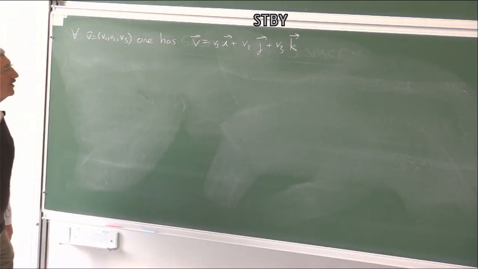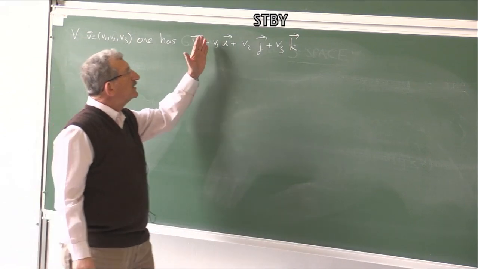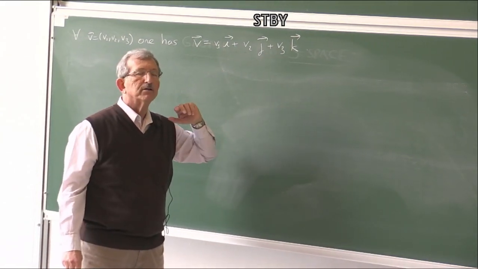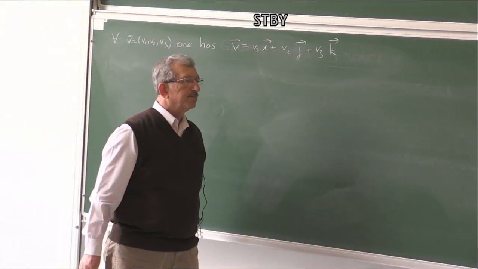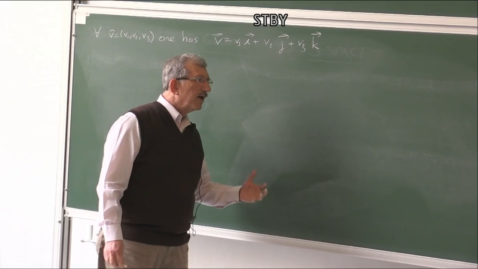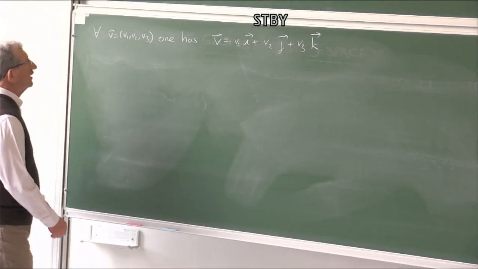So any vector in 3 space can be written as a sum of multiples of the i, j, k vectors. This makes them very special. They are called the coordinate vectors. Why are they called unit vectors? Well, let me define that in a minute.